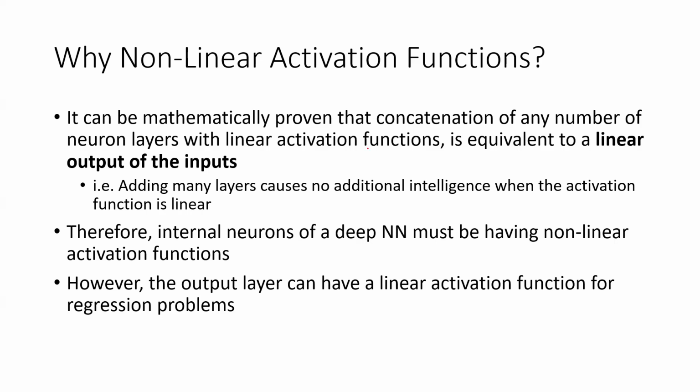So although we are using many neurons with many layers, and get the output, if these layers' activation function is the same as the linear function, or there's no activation function in these layers, this would be equivalent to a single neuron with no activation function output, right?